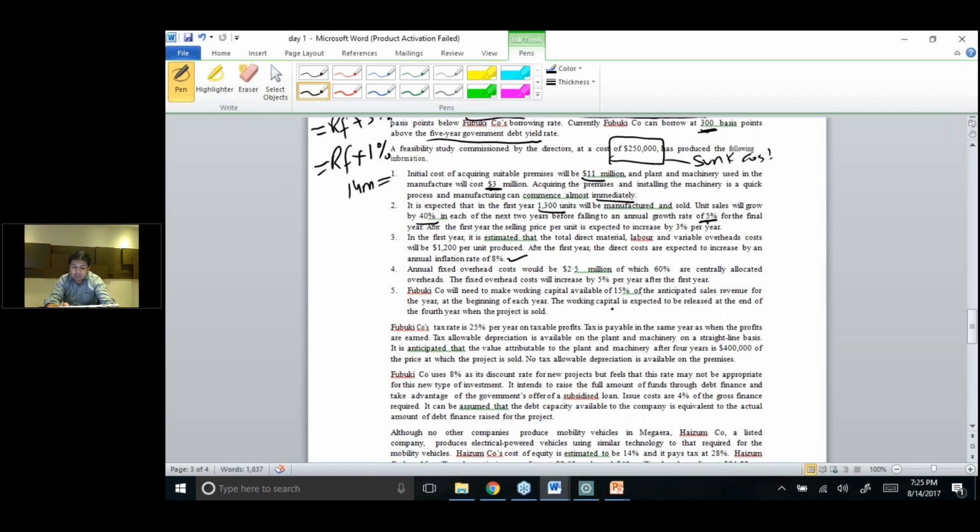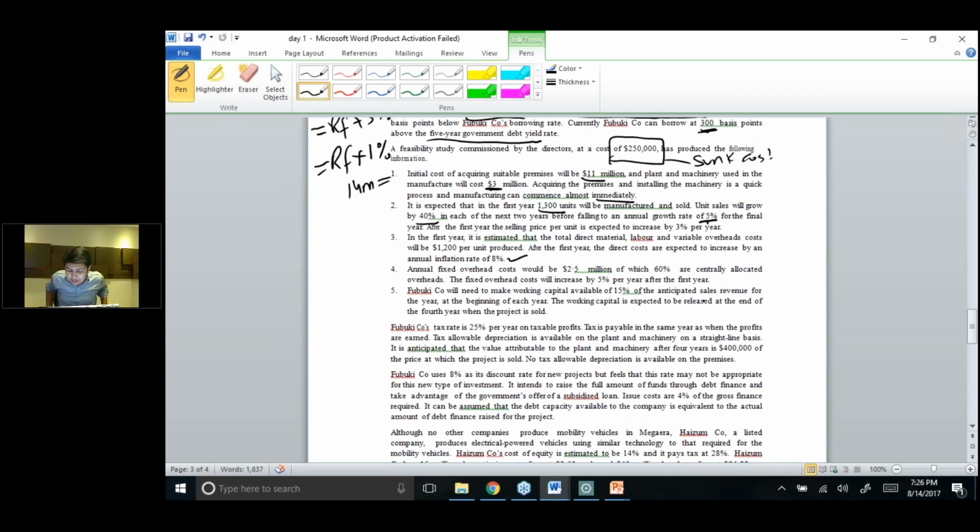That means 40% is relevant. Fixed overhead cost will increase, and those 40% will increase every year by 5% inflation rate. Fubuki company will need to make working capital available of 15% of the anticipated sales revenue for the year at the beginning of each year. The working capital is expected to be released at the end of the 4th year when the project is sold.